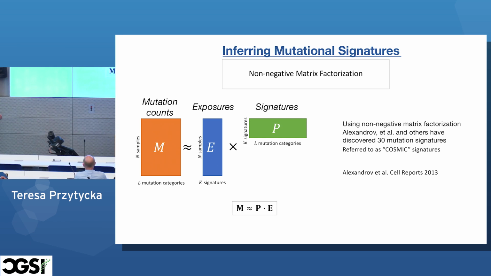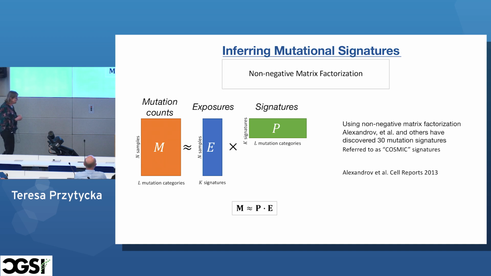And our goal is now to identify those signatures that I defined previously as vectors of length 96 for the probability distribution of a given mutation category, times what we call exposures, so that the mutations in each patient are explained as a linear combination of those signatures times those exposures, those linear coefficients.